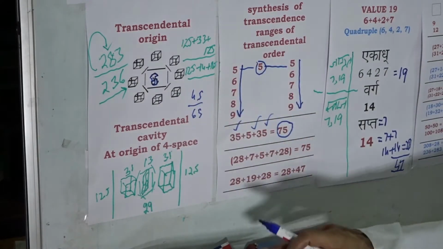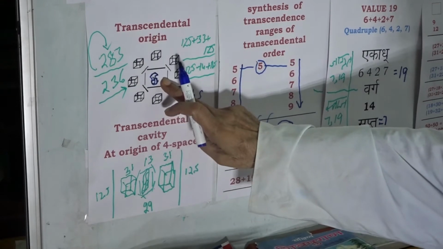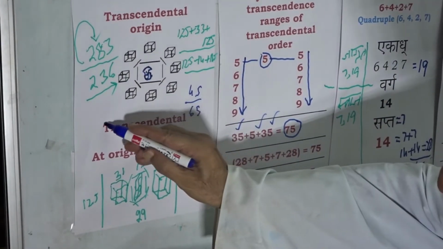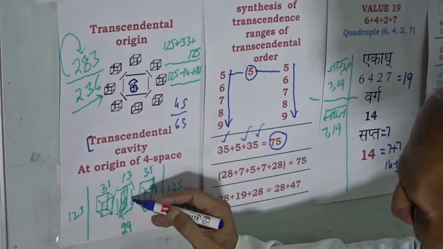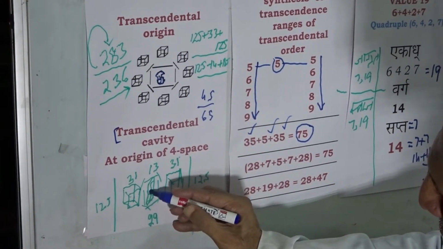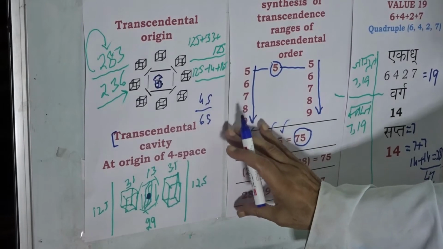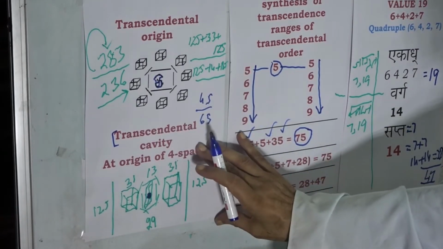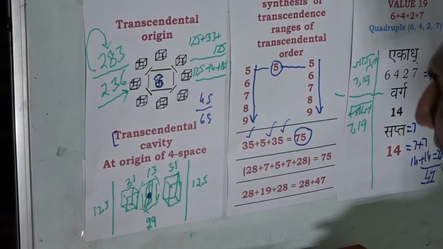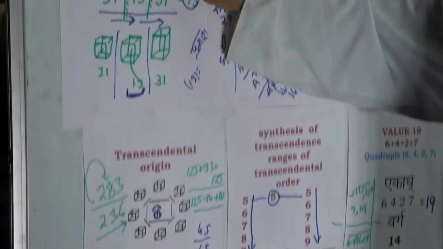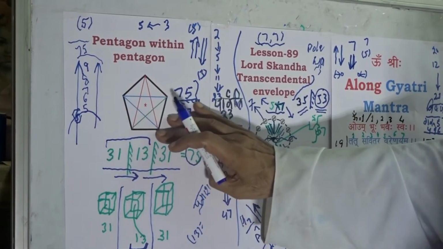Further, we know that the transcendental origin is creating a transcendental cavity. So at the center of the 4 space emerges a transcendental cavity. This transcendental cavity gets a format of a pentagon.